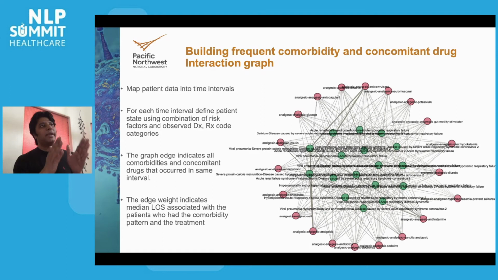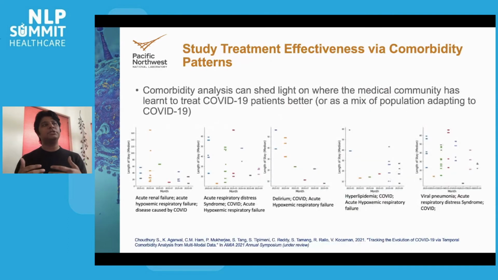If you now look at this graph changing over time, looking at how the edge weight changes tells us, is the length of stay improving? Is the median length of stay coming down, which would in some way allow us to think about, are we getting better at treating patients with a given comorbidity? So as we did this analysis over time, zooming into different comorbidity patterns, some very interesting ideas or insights came out from the data.